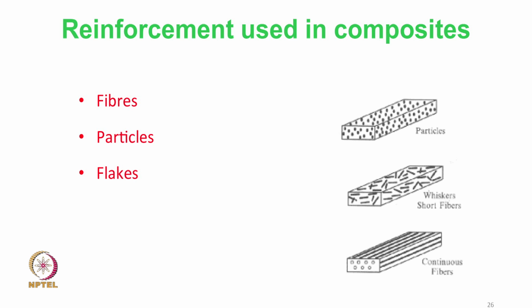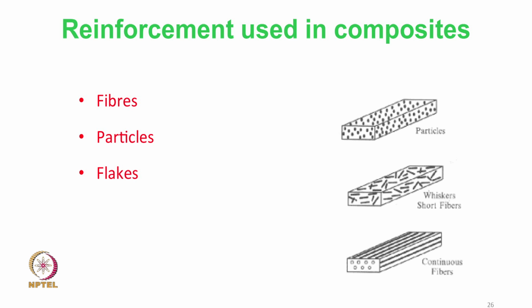as per the shapes, they are divided into three categories. First is fibers, then particles, and third one is flakes. Fibers, as we know, are defined by a higher length to diameter ratio, length to thickness ratio.